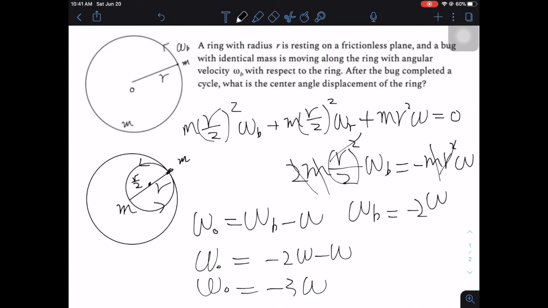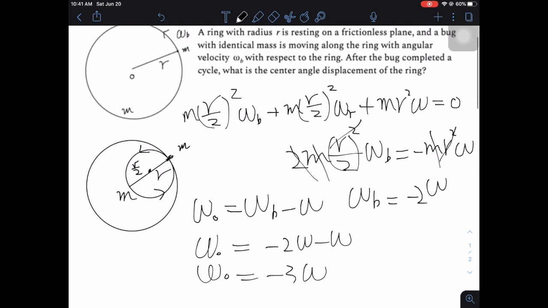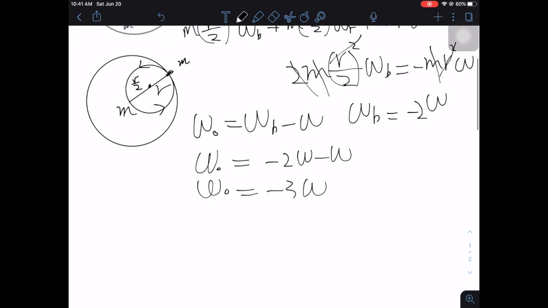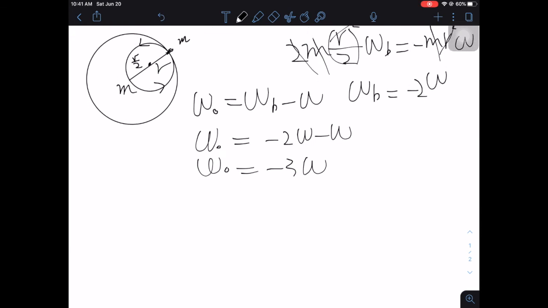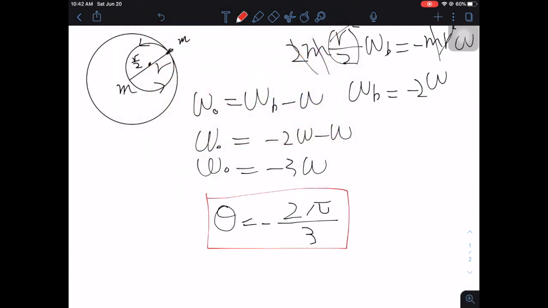Then we plug in our negative 2 omega, and we have the angular velocity of the bug according to the ground equal to negative 3 omega, which means every time the bug completes a circle, the ring completes one third of a circle. So the displacement will be 2 pi, the entire circle, divided by negative 3, and that's our final solution.